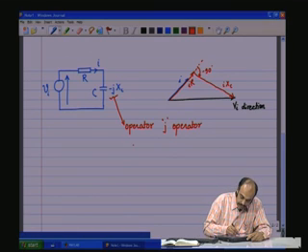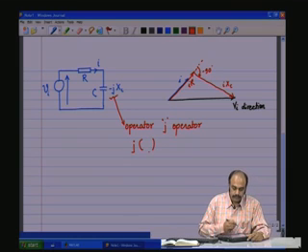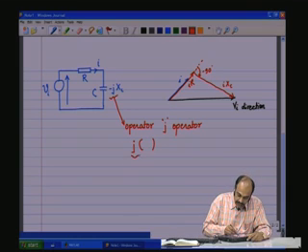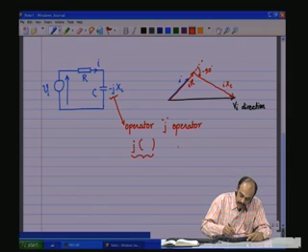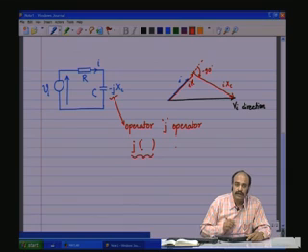Whenever you have multiplication by j into something, then this quantity is going to be phase shifted by 90 degrees anti-clockwise. Internationally, there is a convention for signs of rotation.